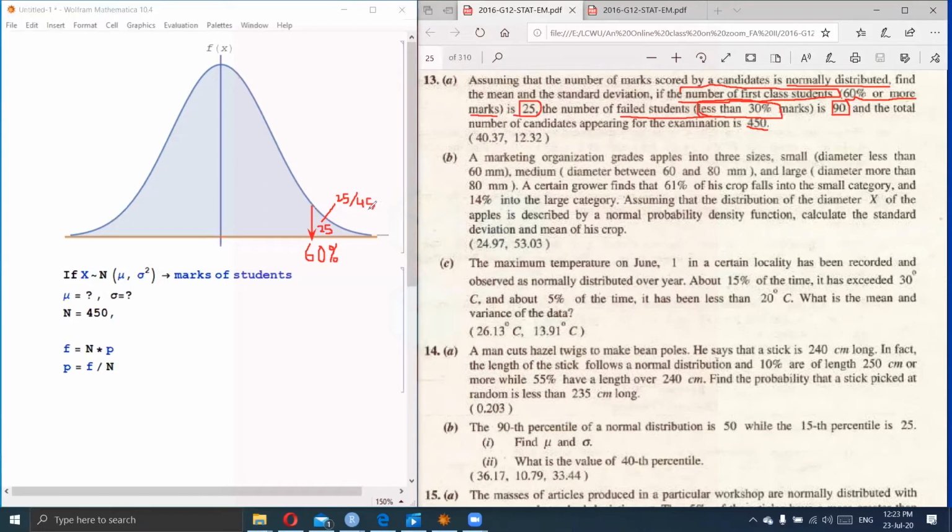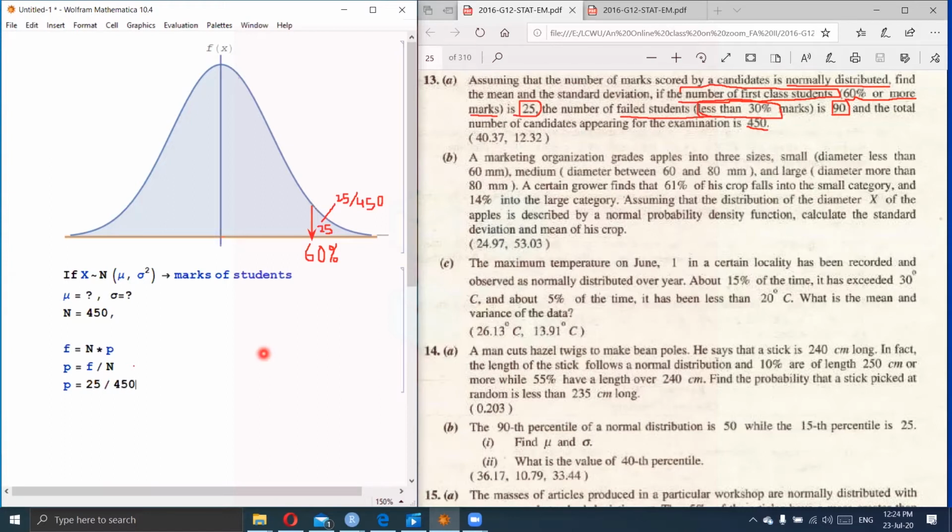The probability can be obtained by the use of frequency and total number. So we can write here P is equal to 25 by 450.